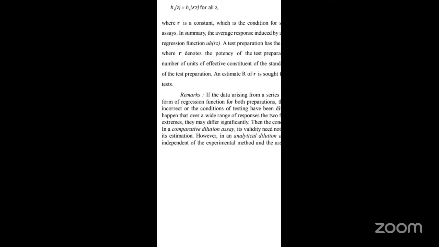An estimate capital R of small r is sought from observations made in dose response tests. If the data arising from a series of tests cannot be described by the same form of regression function for both preparations, then either the assumption of similarity is incorrect or the conditions of testing have been different for the two preparations.